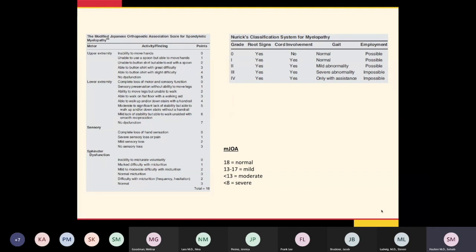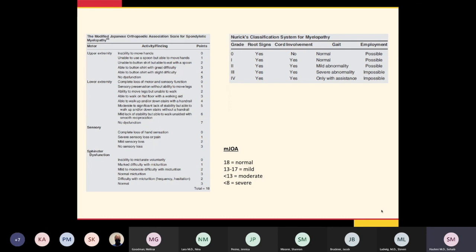One is the modified Japanese Orthopaedic Association scale, and this takes into account the motor and sensory as well as sphincter dysfunction of the patient, and is graded with each upper, lower, sensory and sphincter function or dysfunction. 18 should be normal, and if a patient is below 18, then they have some degree of cervical myelopathy, with less than a score of 8 being in the most severe category.